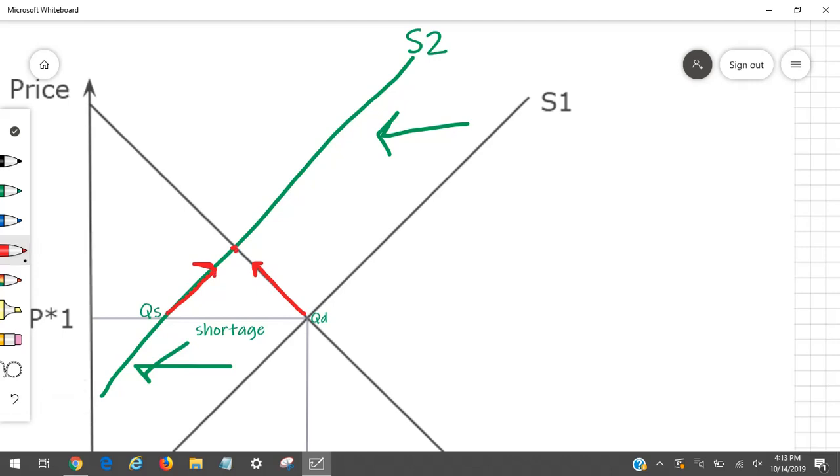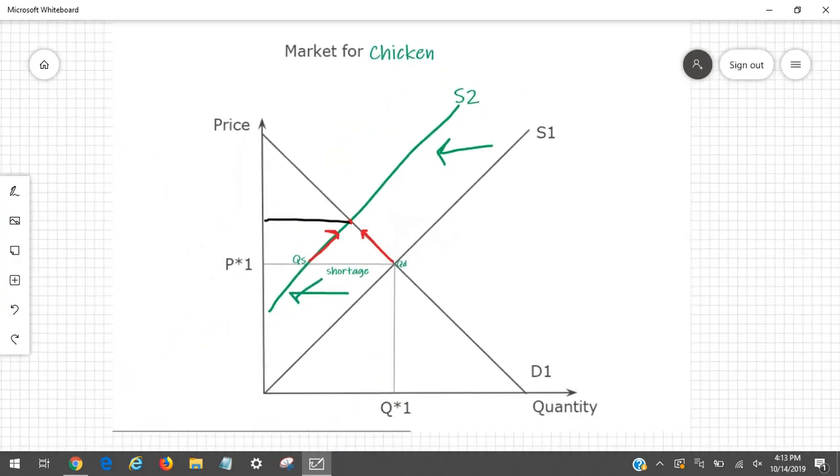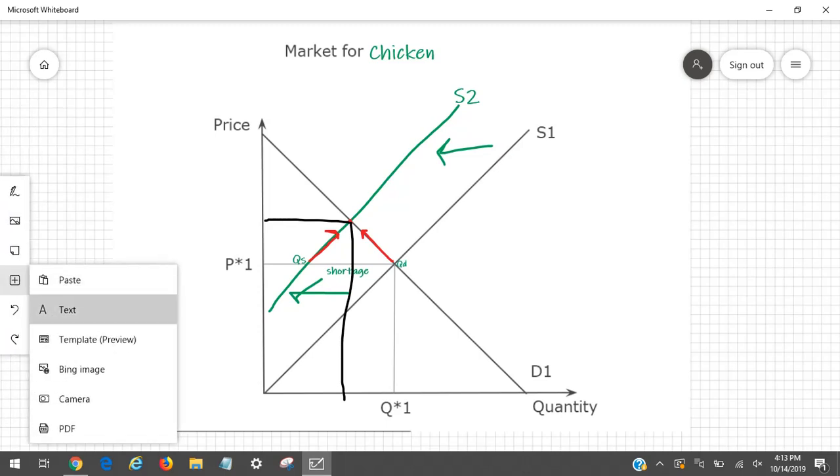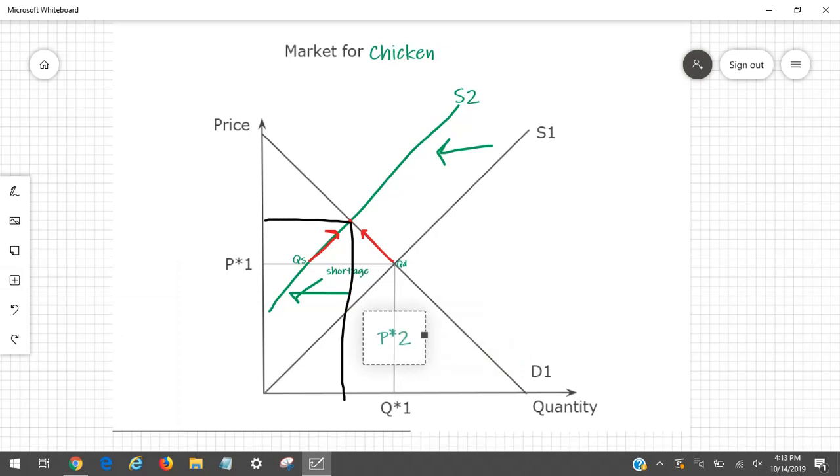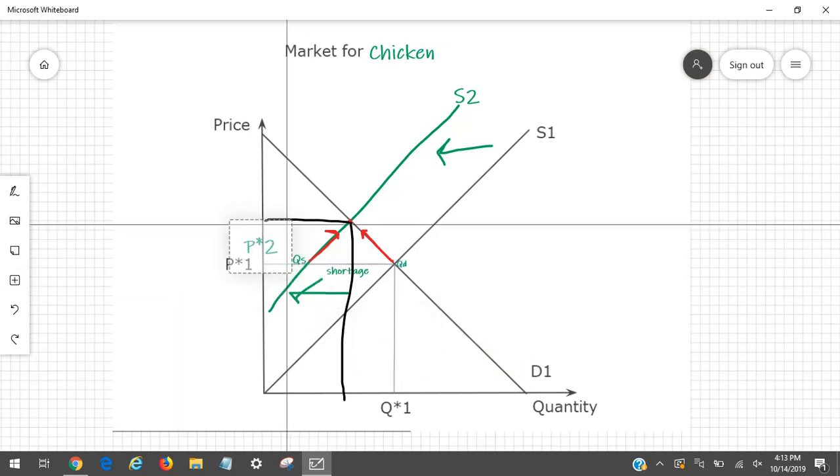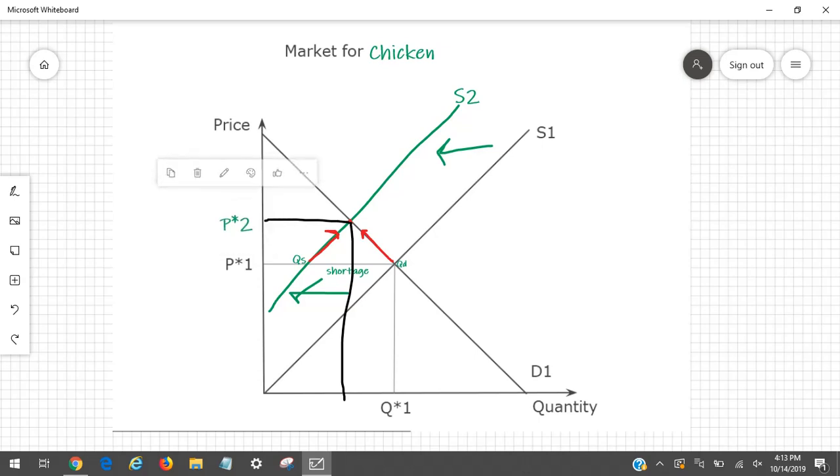So the price of chicken goes up to this new equilibrium price. And I have a new equilibrium quantity to go along with it. Let's label P star 2, which is up here.